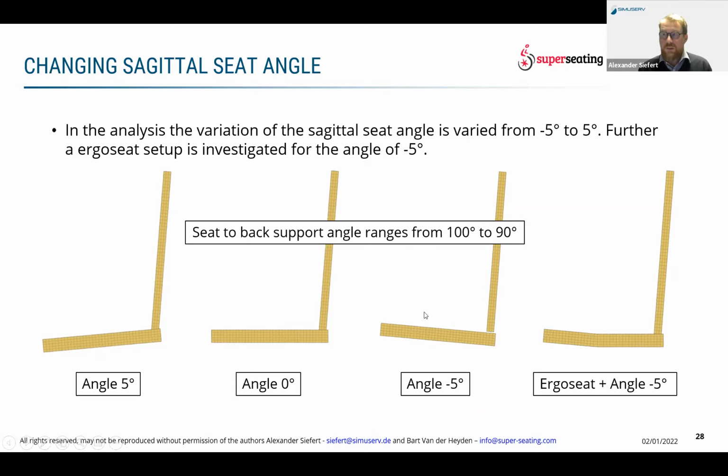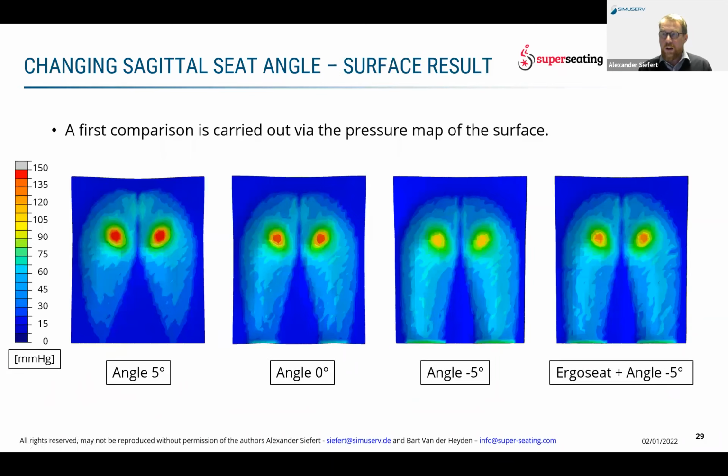And here we did the same analysis. We first focused on pressure mapping. And no wonder, we see the same results, showing millimeters of mercury from the angle of 5 on the left to the ergo seat on the right. Especially for the angle of 5 degrees, the frontal part of the thighs is not really loaded, which means more force is applied to the IT area, so this has the highest value.